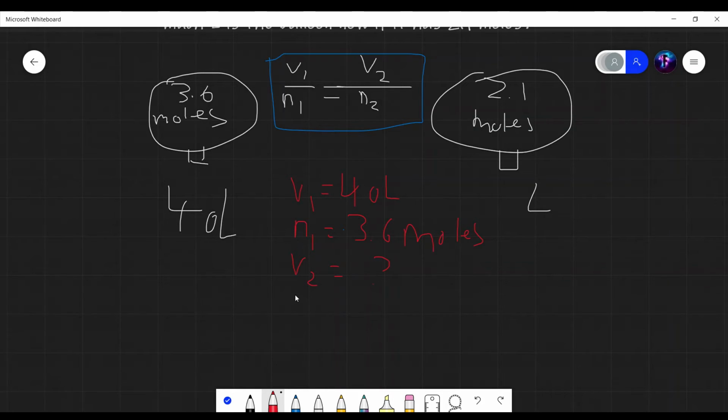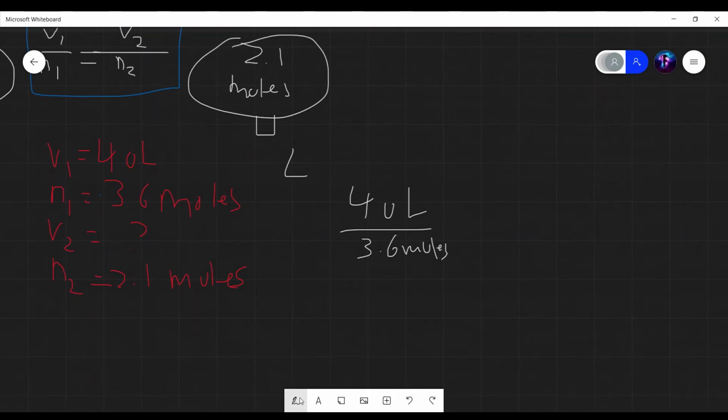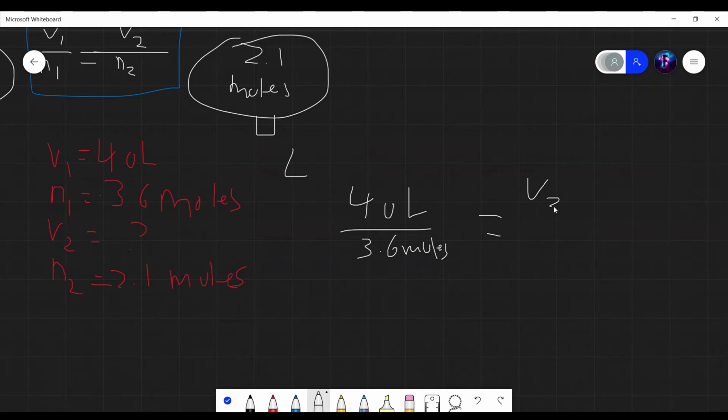And we also know N2 is 2.1 moles. Okay, so we can plug it into the formula. V1 is 40 liters over N1, which is 3.6 moles, and that is equal to V2, which is undefined yet. We're finding that. N2 is 2.1 moles.